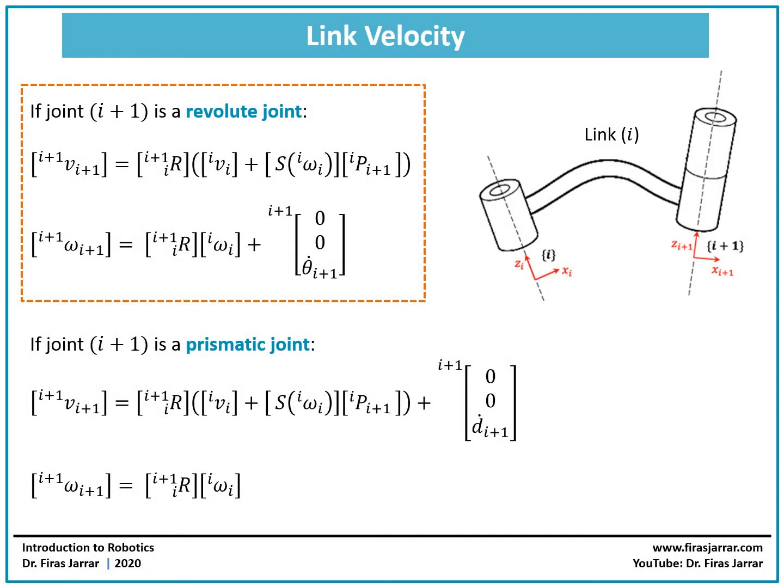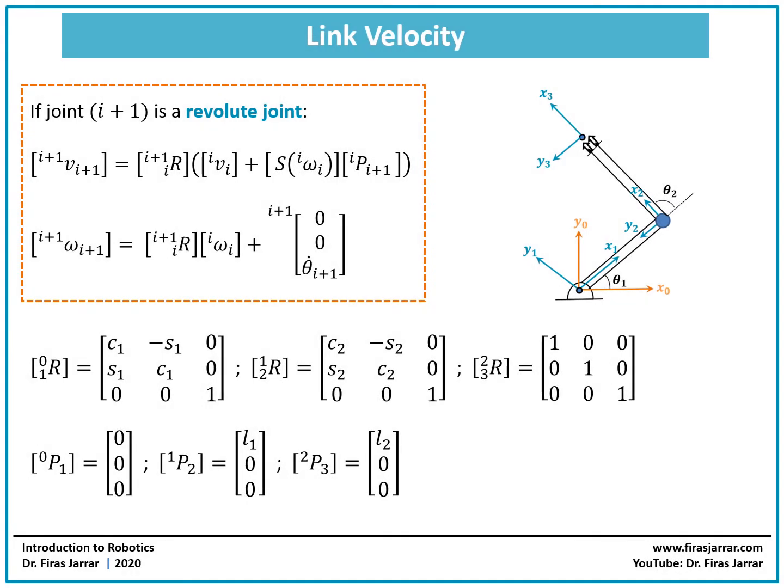Furthermore, we need to identify that since all of the joints here are revolute joints, there is no need to consider the formulas for the prismatic joint condition, and thus we only need to consider these two formulas in this example. So I'm trying to put all of the required information in one slide.